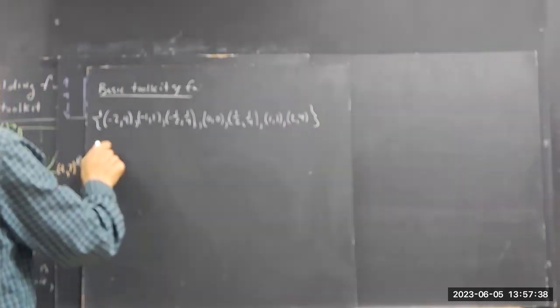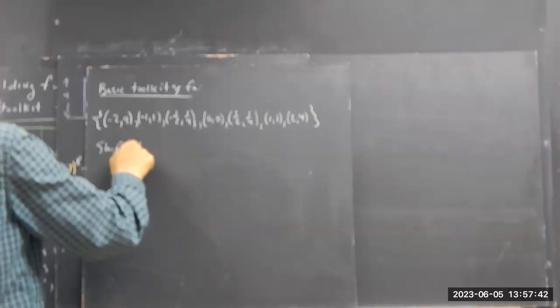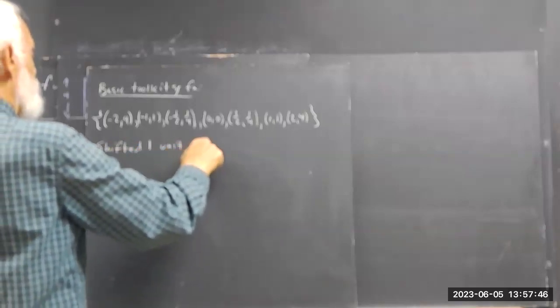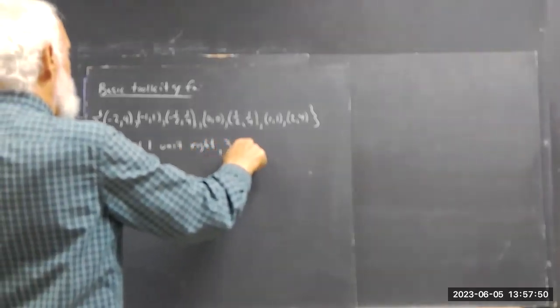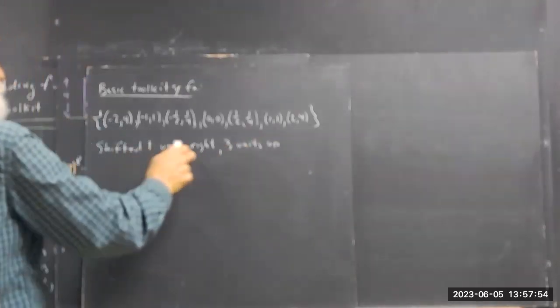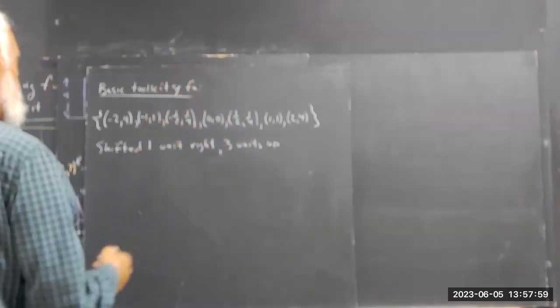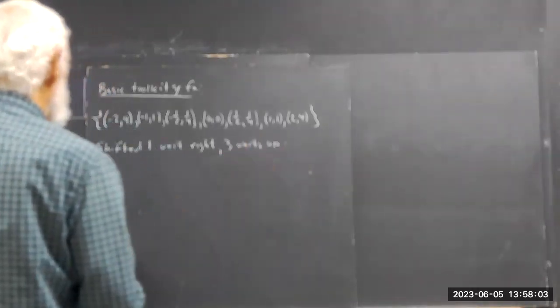Right? Shifted 1 unit right and 3 units up. In other words, 1 unit horizontally, 1 unit right, and 3 units up is 3 units vertically. What do we get?